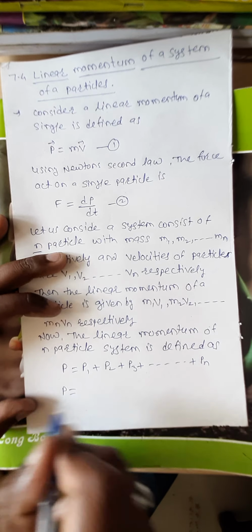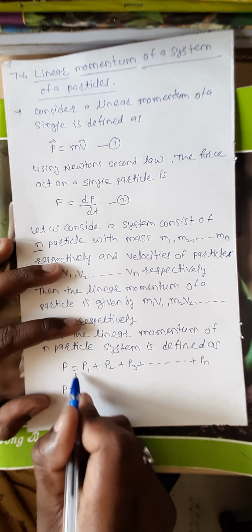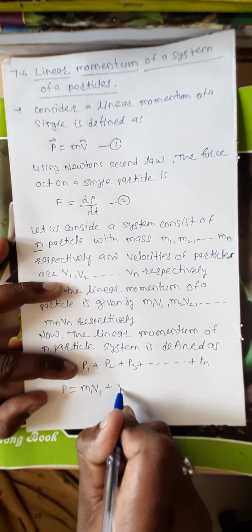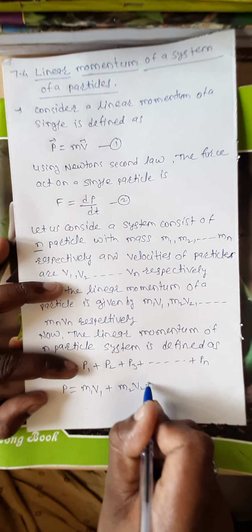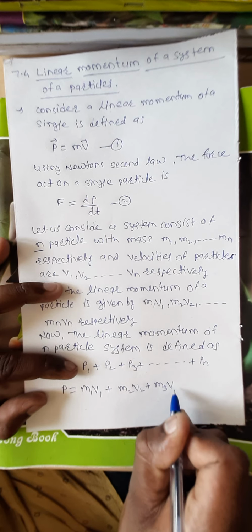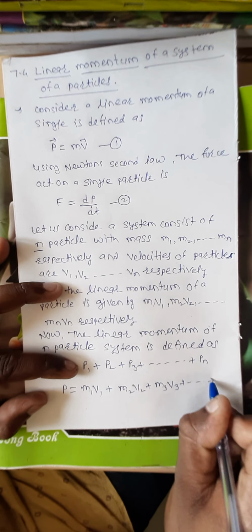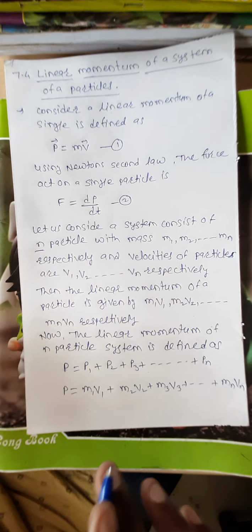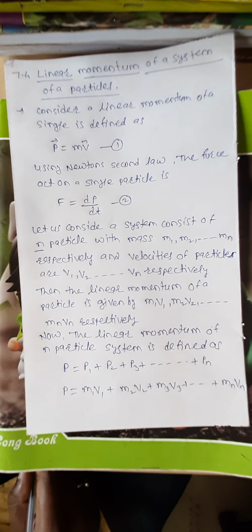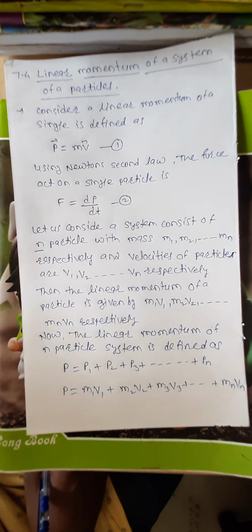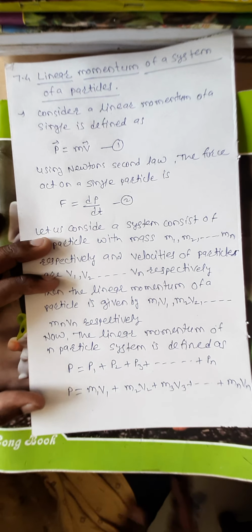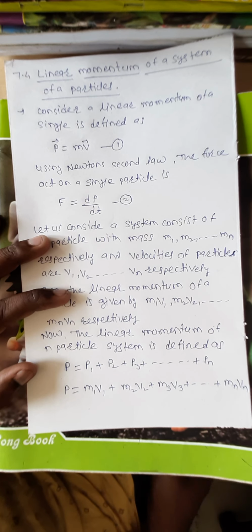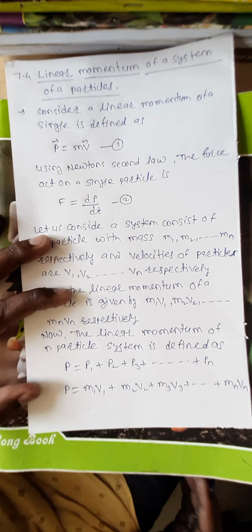Therefore p is equal to p1, where p1 is m1 into v1, p2 is m2 into v2, p3 is m3 into v3, and so on up to pn equal to mn into vn. Therefore the total linear momentum of an n particle system p is equal to m1 v1 plus m2 v2 plus m3 v3 plus so on up to mn vn.